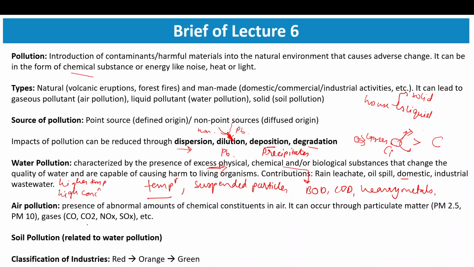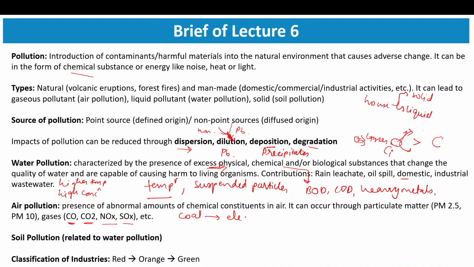Now, further, if we talk about air pollution, then air pollution can be due to the presence of some abnormal amounts of chemical constituents in air, which could be in various phases. For example, if there are various harmful gases present, it could be because of carbon monoxide and carbon dioxide, NOx, SOx, etc. Now, this could arise from industrial activities. Say, for example, you have a power plant where you are generating electricity from coal.